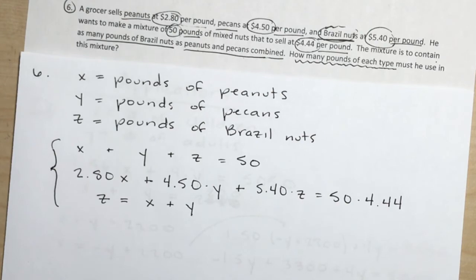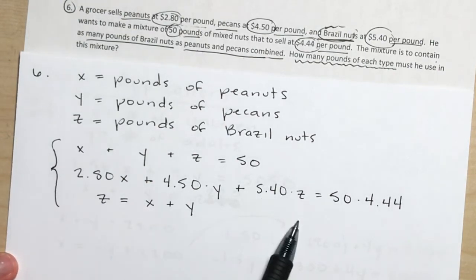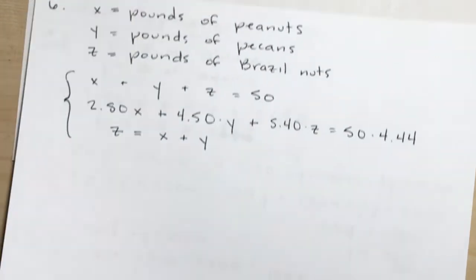All right, where do we start? Well, there's a lot of different ways we could start, right? We always want to start by eliminating a variable. For elimination, remember we always want to have everything lined up. So let's get everything lined up nicely.